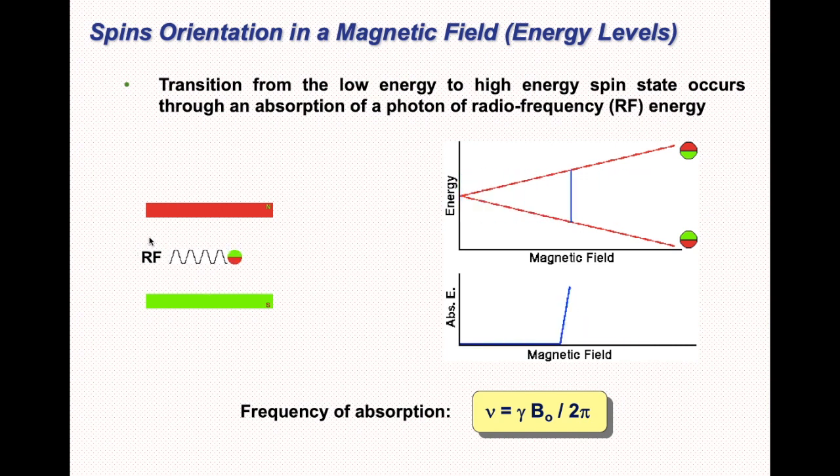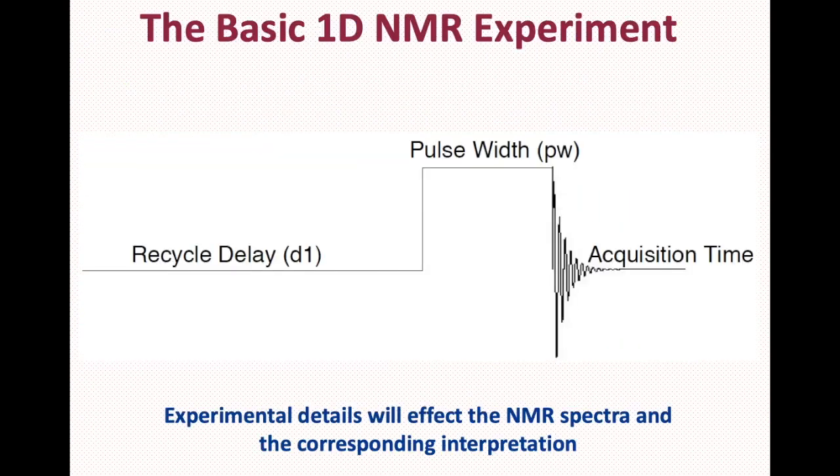As long as the RF pulse is on, the spins will be retained in the beta spin state, and the moment the RF pulse is switched off, the beta spins will try to come back to the original position, that is, the alpha spin state. This coming back from the beta spin state to the alpha spin state follows an exponential function, and the exponentially decaying function is generally referred to as a free induction decay, and it looks like this.